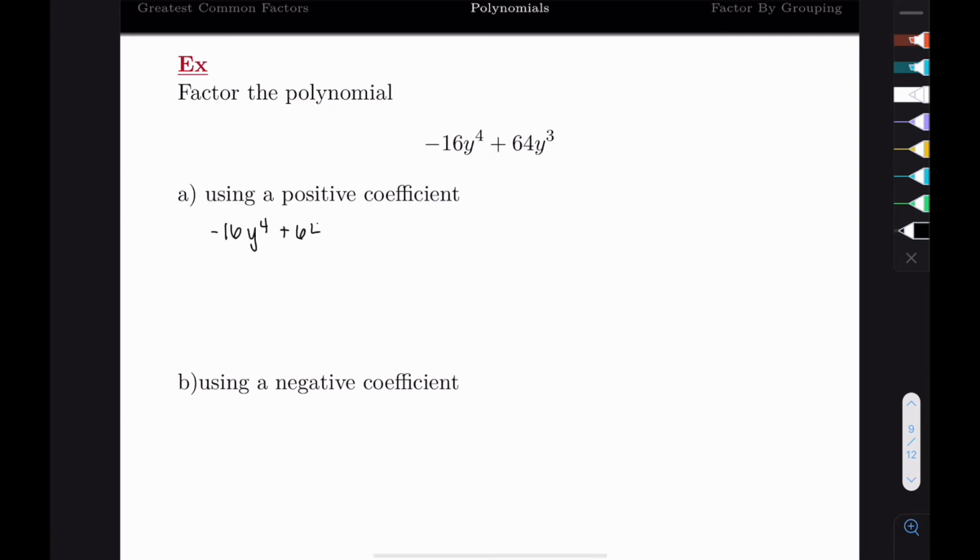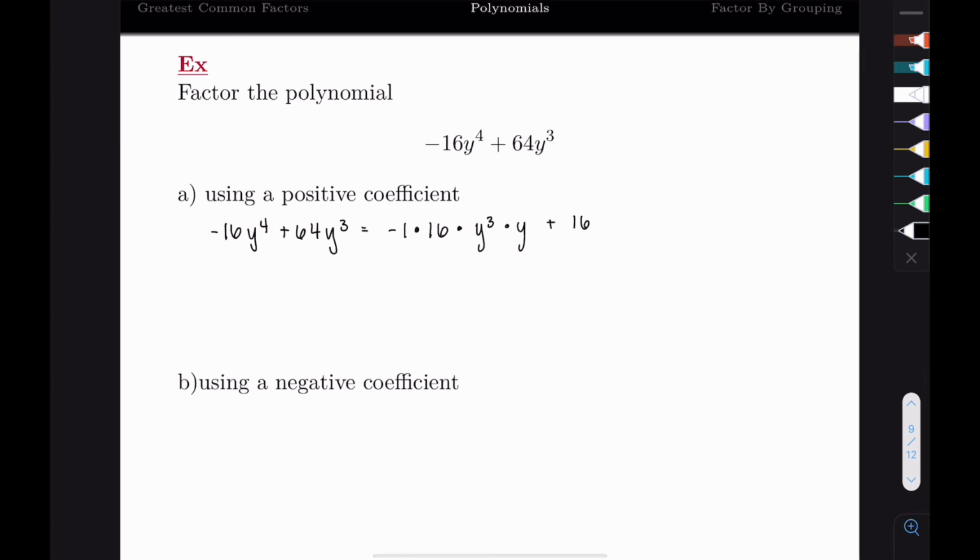Looking at both of these pieces, if you take 64 and divide it by 16, it actually is nice. And then if I look at my y values, we have y to the 4th and y to the 3rd. So I can take out 3 y's at most. So our front piece, we can think of that as negative 1 times 16 times y to the 3rd and y.